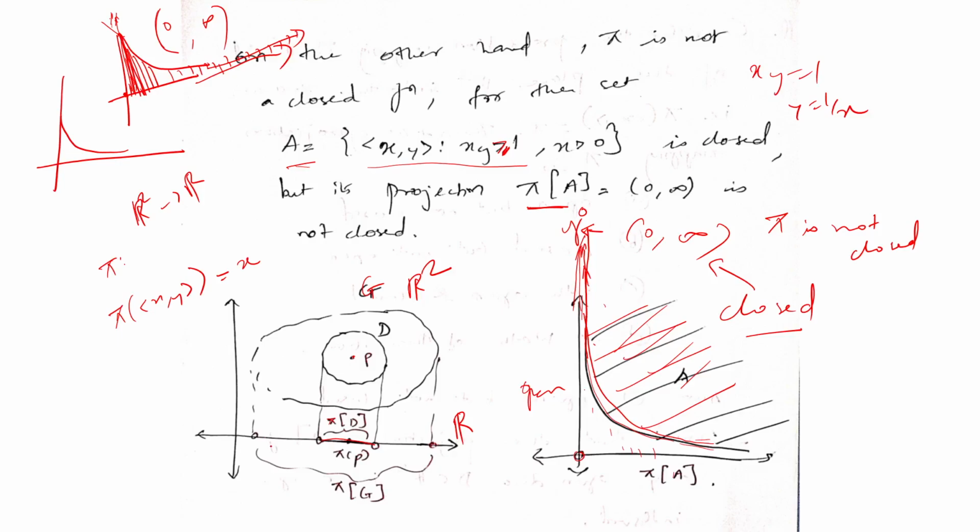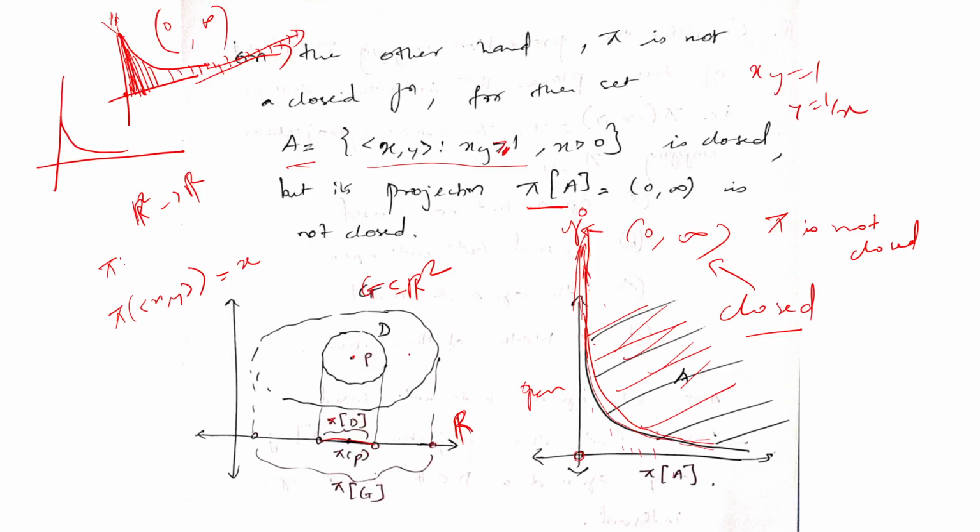So if you are having an open set G subset of R2, now if you are considering this open disk D, you need to find its projection on R, right?